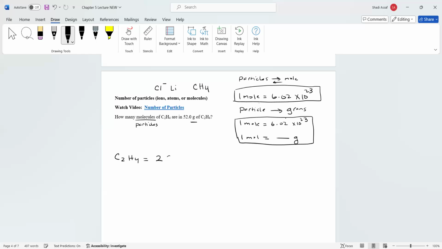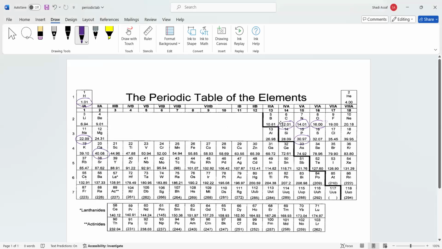That means we have 2 carbons and 4 hydrogens. If you have the periodic table in front of you, we already talked about carbon and hydrogen. Carbon is 12.01, and hydrogen is 1.01.